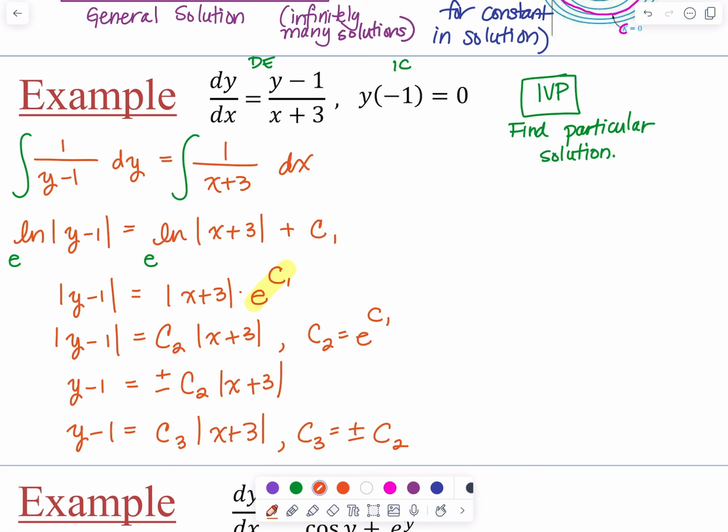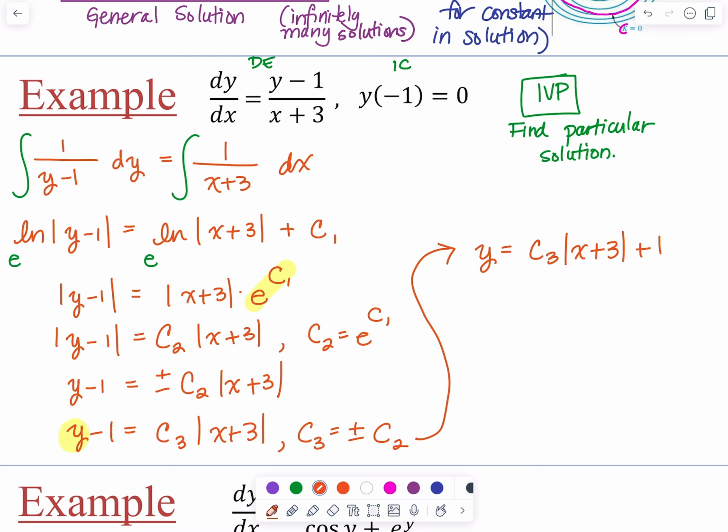Continuing in the same fashion, remember, we are trying to solve for y, so we will add 1 to both sides. And as you can see, y is equal to c3 multiplied by the absolute value of x plus 3 plus 1.